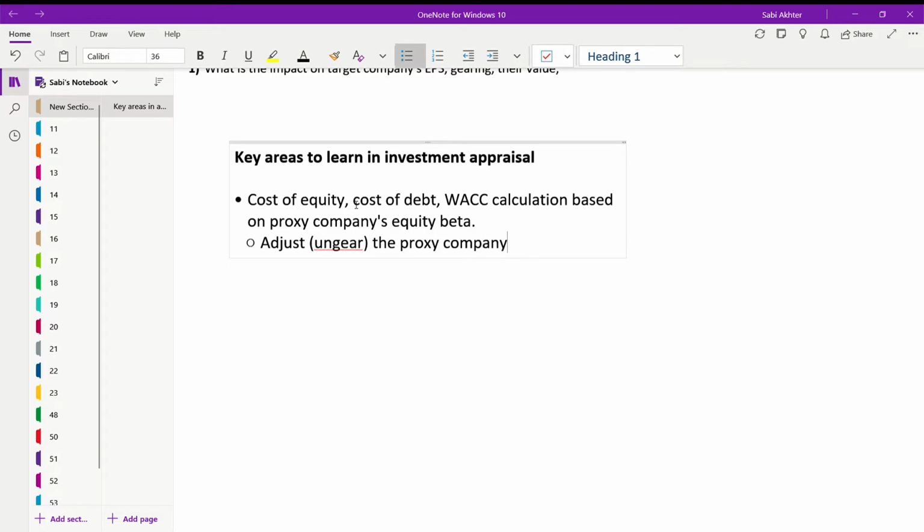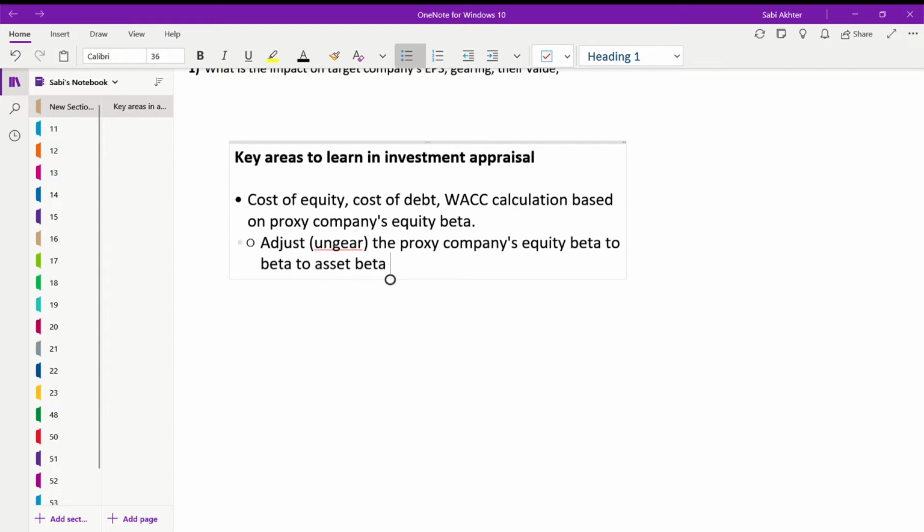The proxy companies. So the first step is, under this, when you have to find the cost of equity, adjust or ungear the proxy company's equity beta. Obviously, they will give you equity beta only of the company.